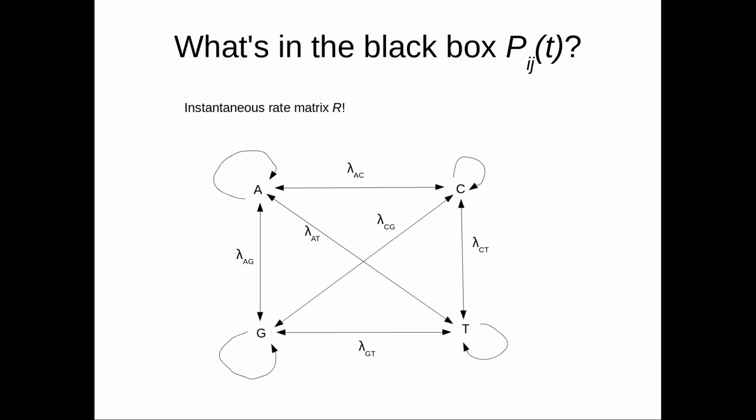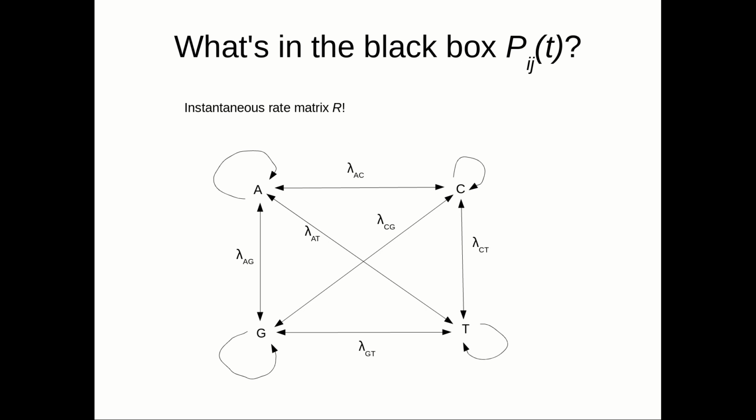Okay, so a big question that we need to answer is: we've assumed that we're given this transition probability matrix for transition from state i to state j in time t, but where does it actually come from? We've seen it before when we talked about general Markov models and continuous time Markov models, but let's have a closer look.